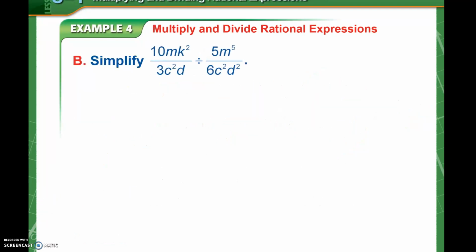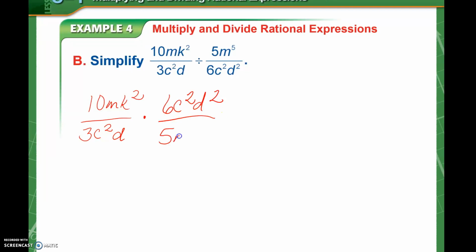For dividing, we'll use those same rules we did back in elementary when we had fractions. We'll multiply by the reciprocal: 6c squared d squared over 5m to the fifth. So we flip that second one, the reciprocal, because if I multiply anything by that, it gives me just 1.